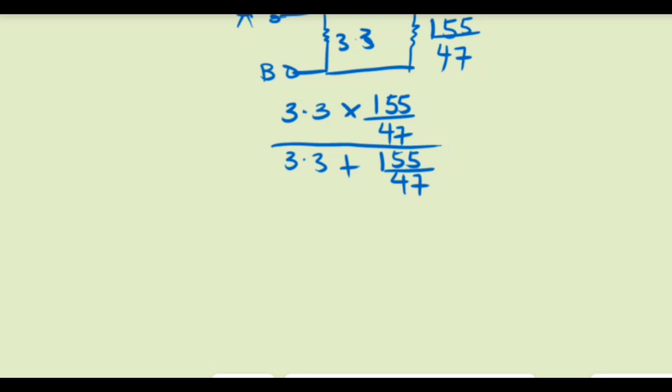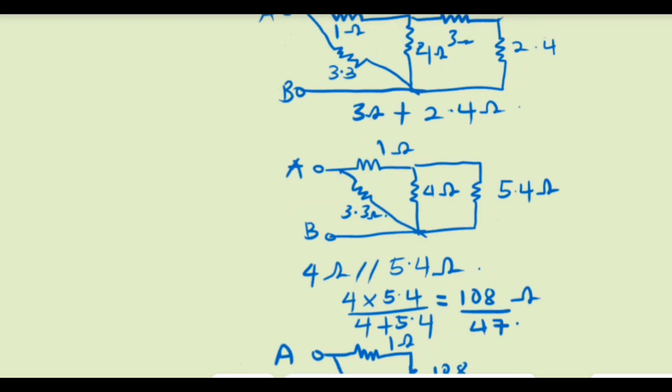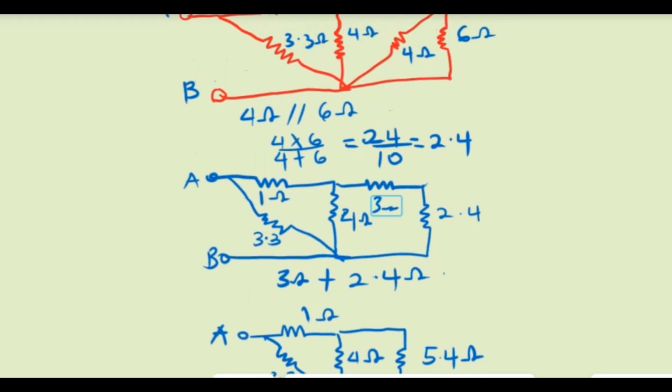So let's see. The solution for this then becomes 1.65 ohms. That is the total resistance found between the terminals A and B of the circuit given in the question.